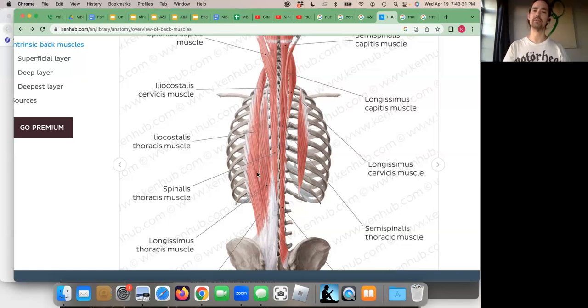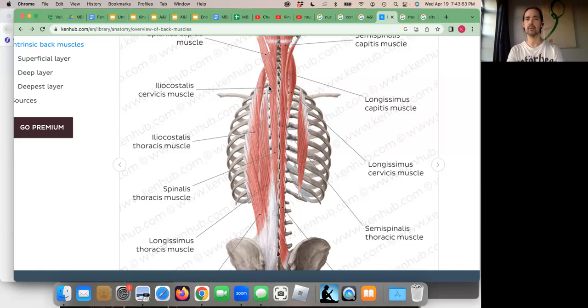They're attaching to the ribs, the costa, right? And they have vertebral attachments in the upper thoracic, looks like maybe thoracic vertebrae 4, 3, 2, 1, something like that, or maybe 5 through 2, somewhere like that.